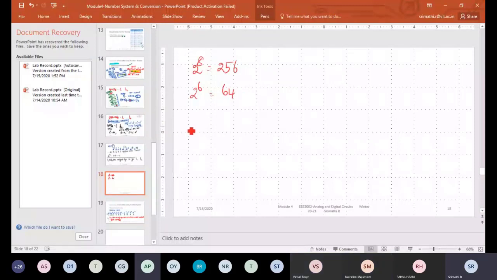Then 2 to the power 5, that is 32. Then 2 to the power 3, that is 8. Then finally 2 to the power 0, that is 1.